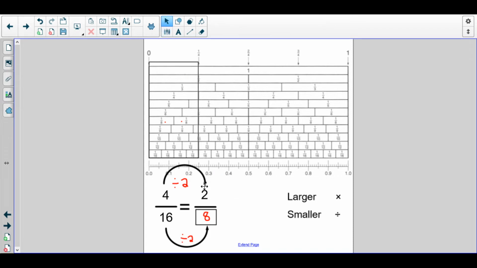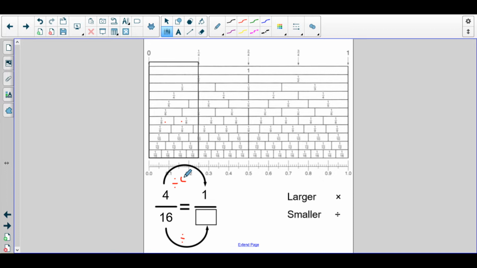What if I took it one step further and said, okay, this is now a 1? So 4 divided by what number gives me 1? Now, anytime we get to that 1, it's going to be that number itself.